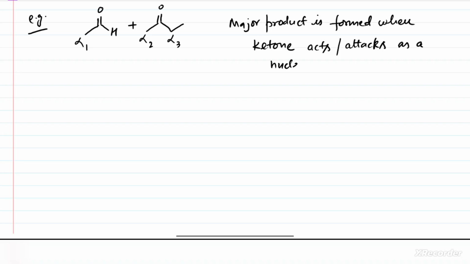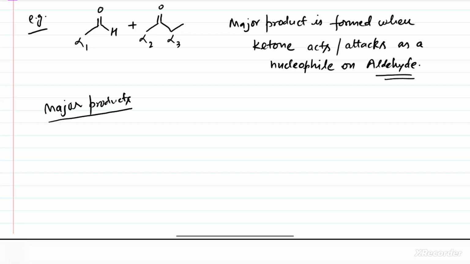Basically, when the ketone attacks as a nucleophile on the aldehyde, the major product is formed. So I'm not writing the minor one, I will directly write the major products. When the ketone attacks on the aldehyde, we have two different products, because in the ketone we have two different alpha H.